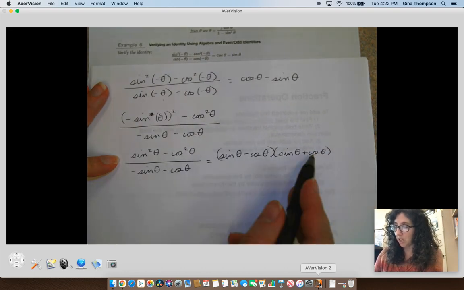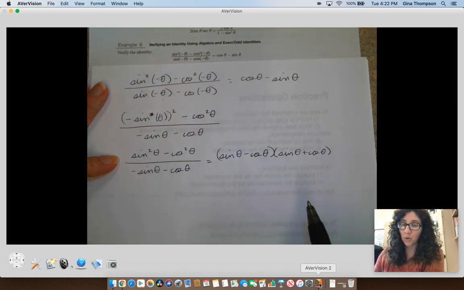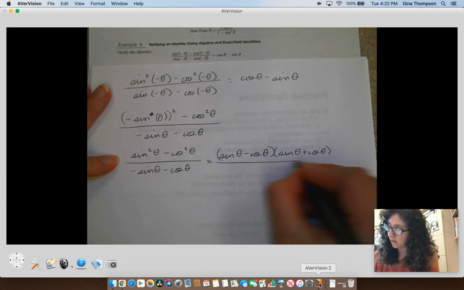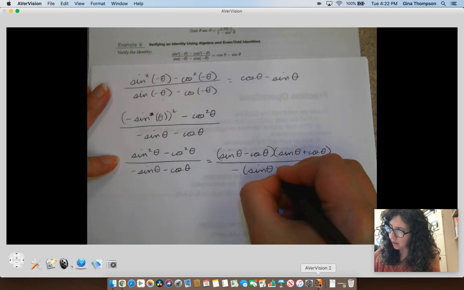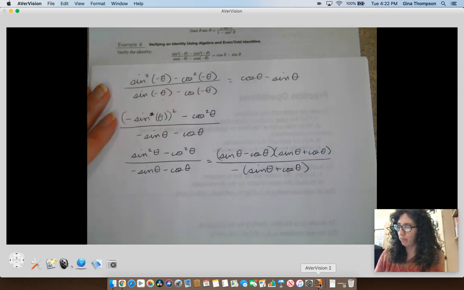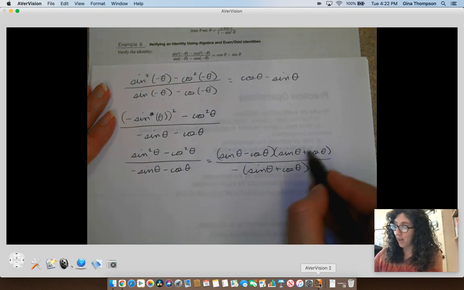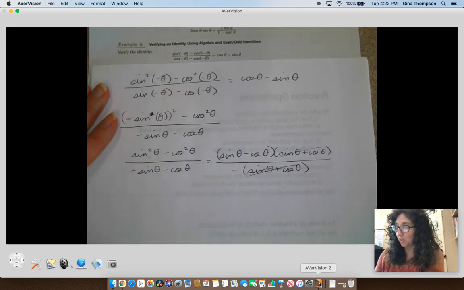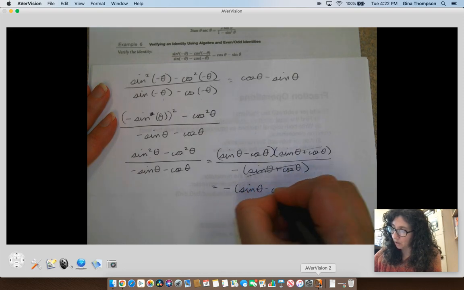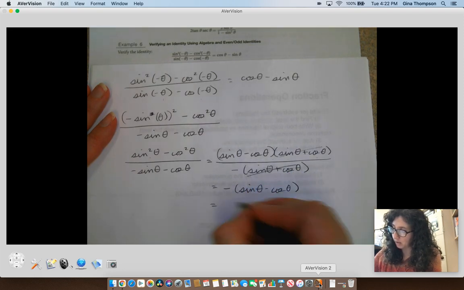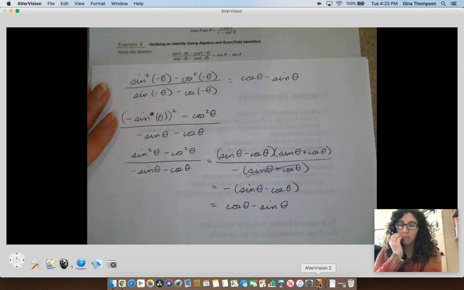If I multiply that out, I'm going to get sine squared theta minus cosine squared theta. Okay, and I'm going to write this as minus sine theta plus cosine theta. Because look what I got here. This factor is the same as this. Those cancel. Woo. And now I have minus sine theta minus cosine theta, which is cosine theta minus sine of theta.